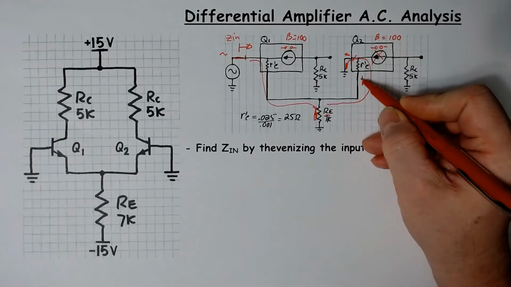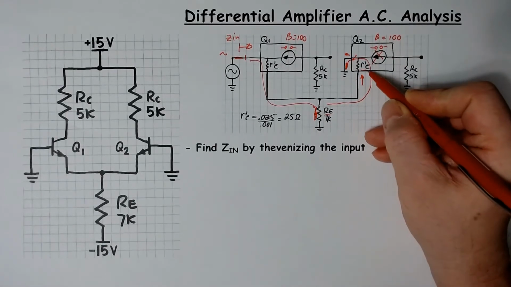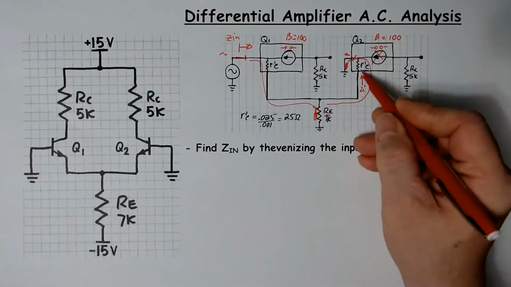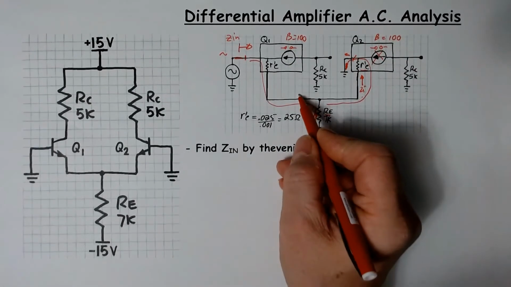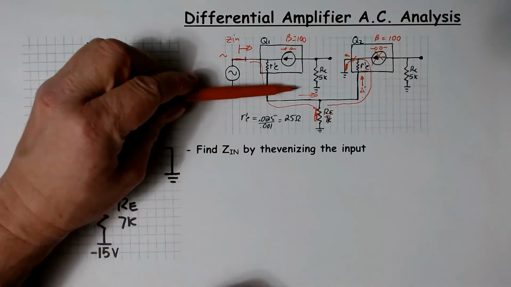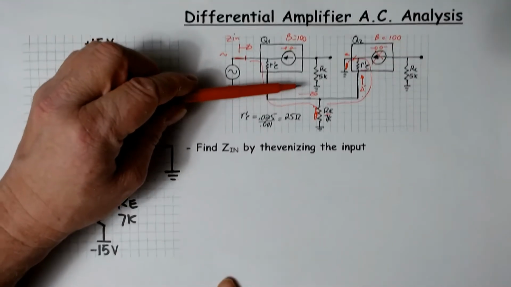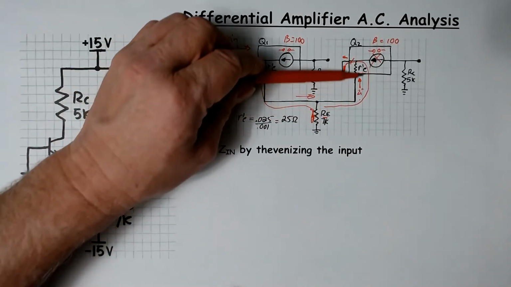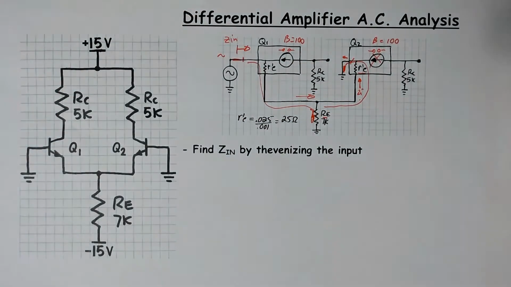So the impedance looking that way is basically R'(E) shorted to ground. So that's 25 ohms. Then I come back. Now if I look from this point here, what I'll see is RE in parallel with R'(E). So those two impedances are in parallel.